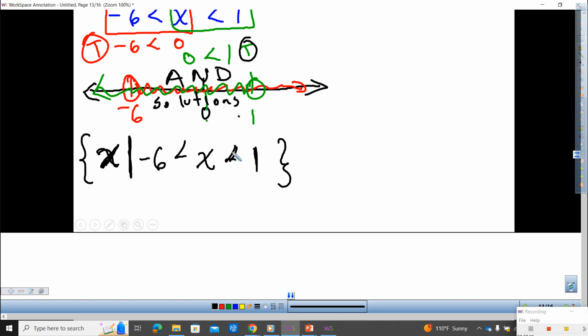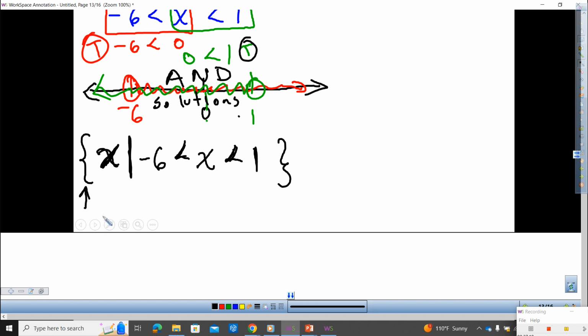So if you notice, the solution set has the inequality symbols always pointing to the left. That is true for these and inequalities. All right, once again, what are these brackets called?